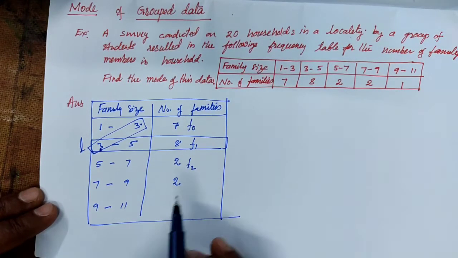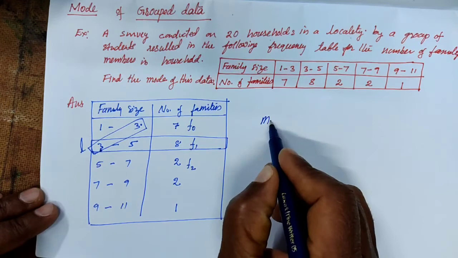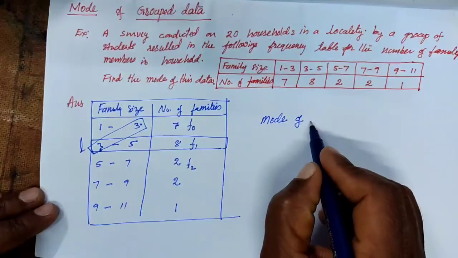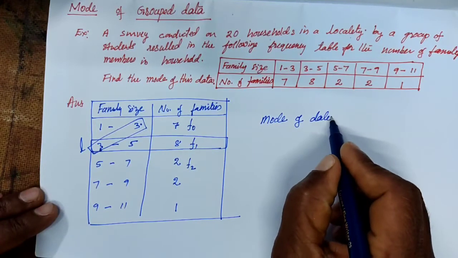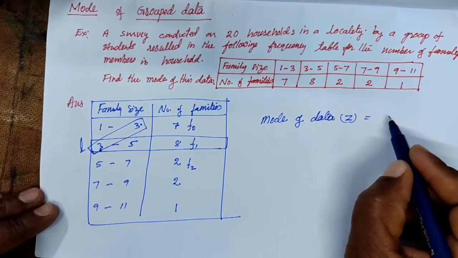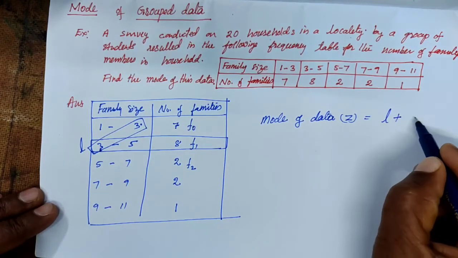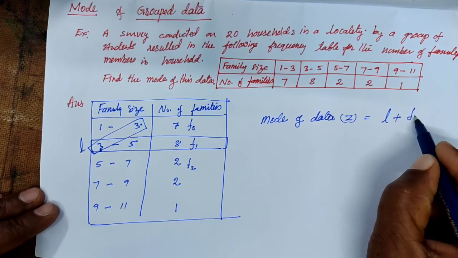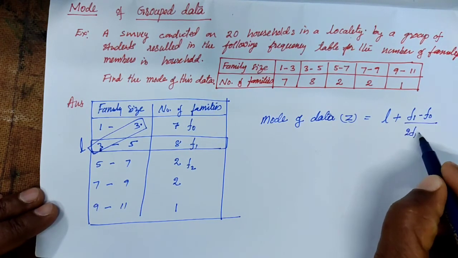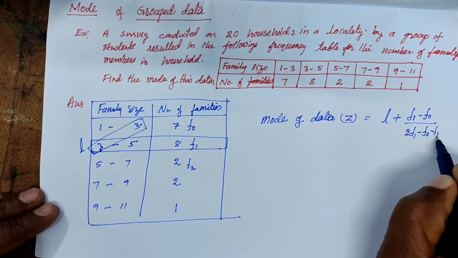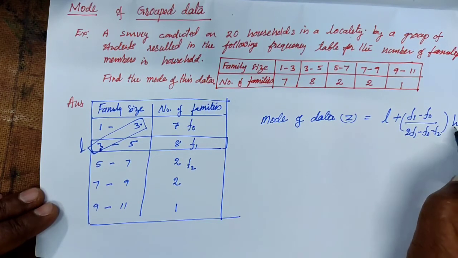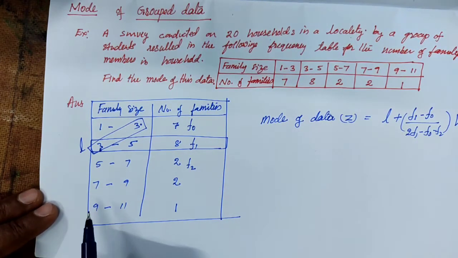So the mode of this data is equal to L plus (F1 minus F0) by (2 F1 minus F0 minus F2), whole into H. Here H is the length of the class.